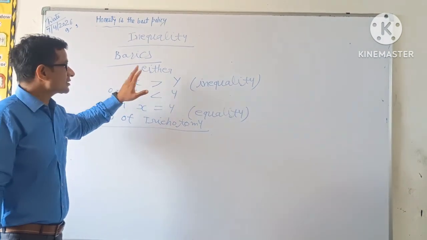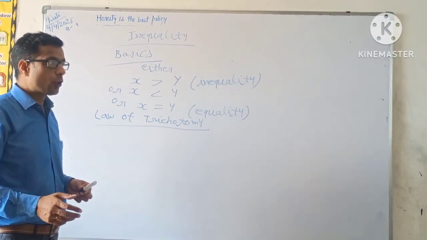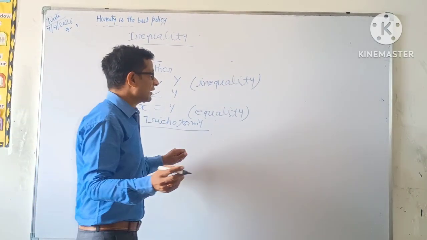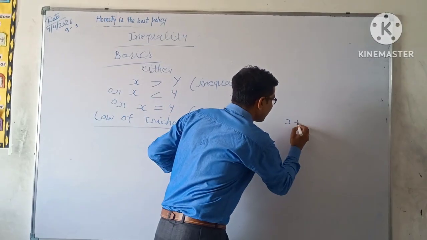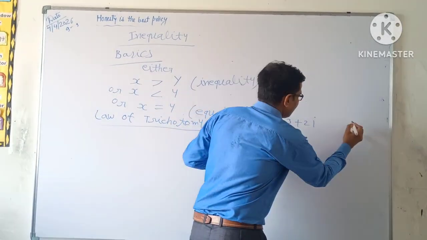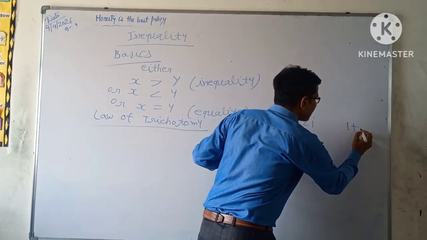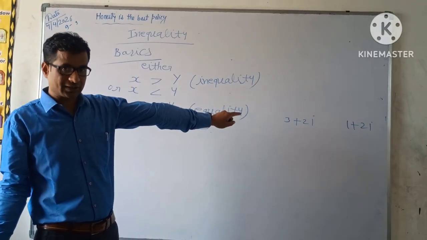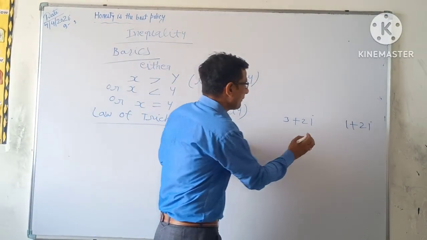Real numbers hold this property, and complex or imaginary numbers do not. For example, if I take 3 plus 2i and 1 plus 2i, we cannot compare these two complex numbers. There is no property of comparability.